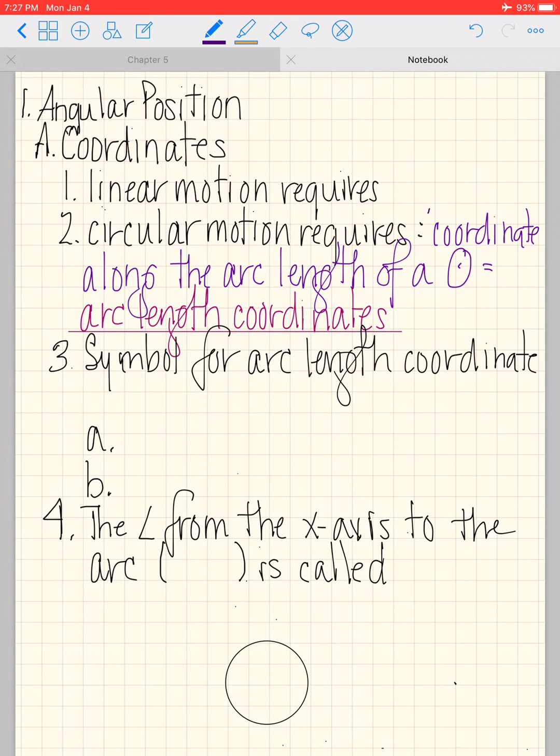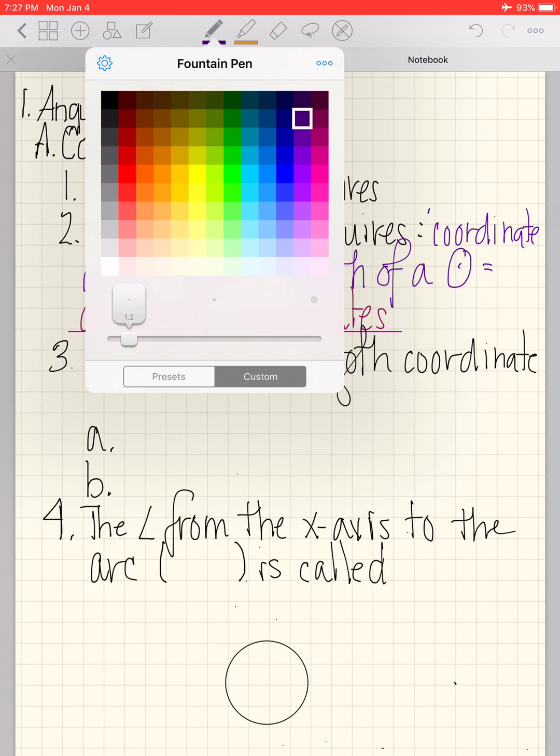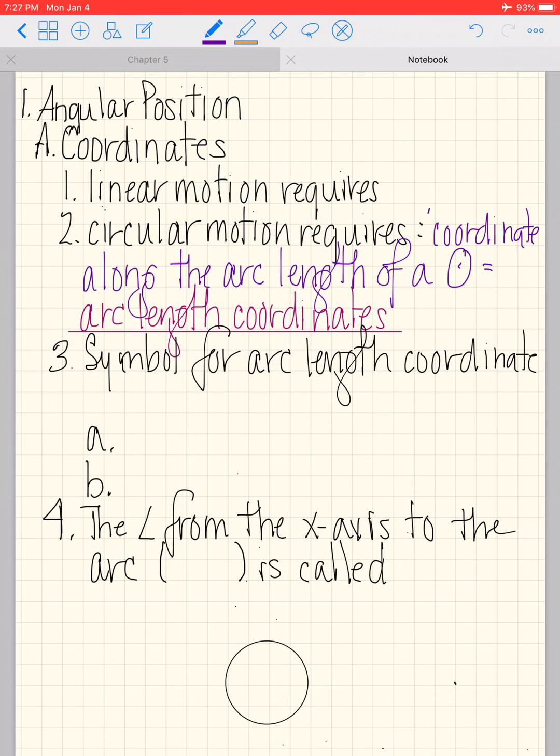Oh, it was purple, but I didn't like it. All right, so we're going to make it a little bit brighter here. Linear motion requires x and y coordinates, so that it goes from this position on xy to this position on xy. Just pretty straightforward.